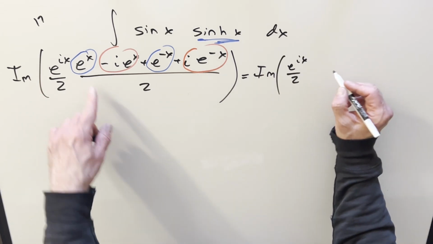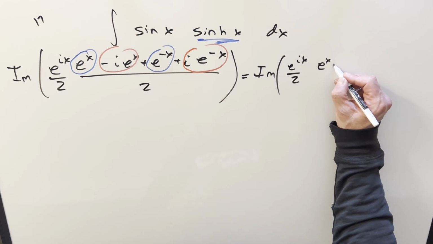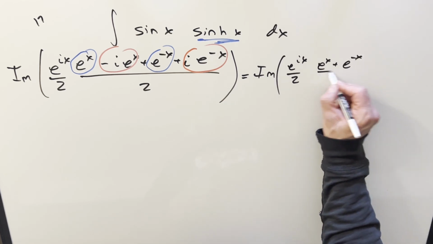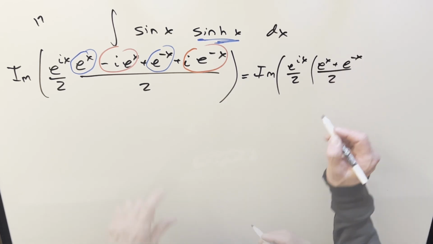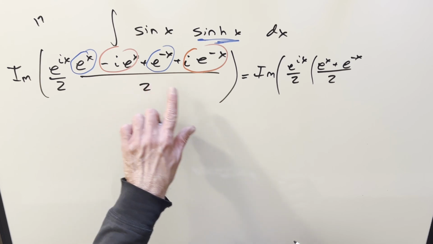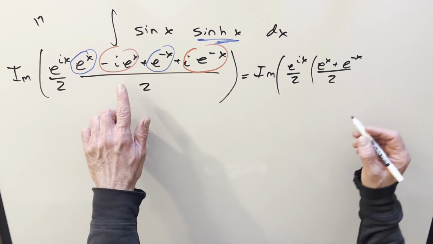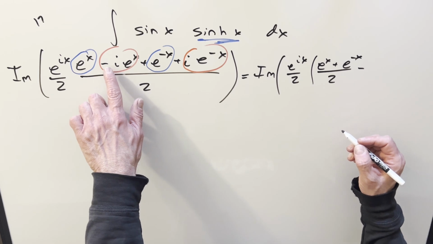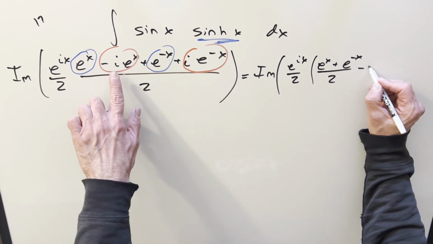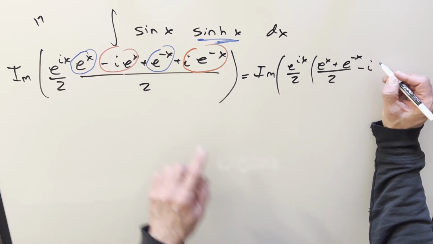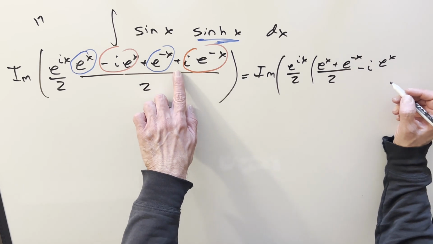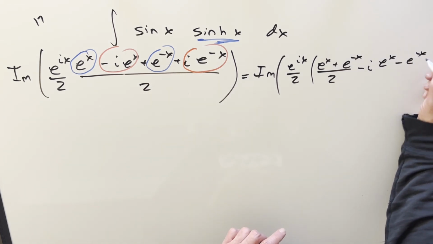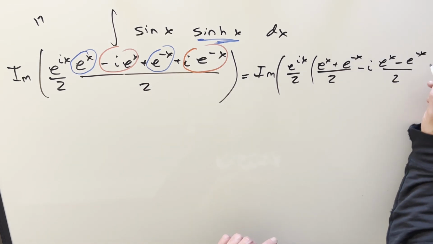Then grouping the blue stuff, we're going to have e^x plus e^(-x) over 2. For these red ones, I'm going to reverse the sign. You'll see why in a second. We'll take a minus out front, so that this becomes a plus on this one. We'll also factor an i out front. So then here we're going to have e^x minus e^(-x) all over 2.